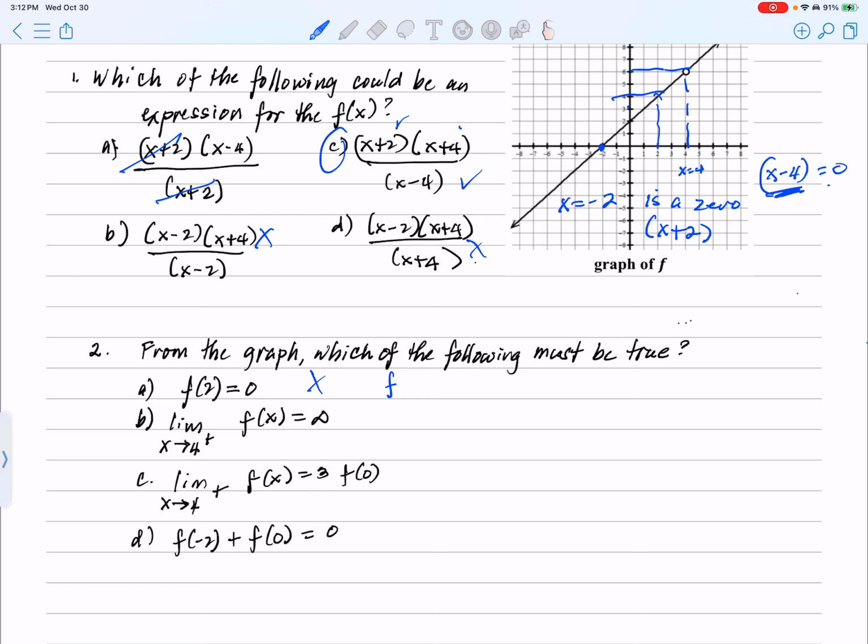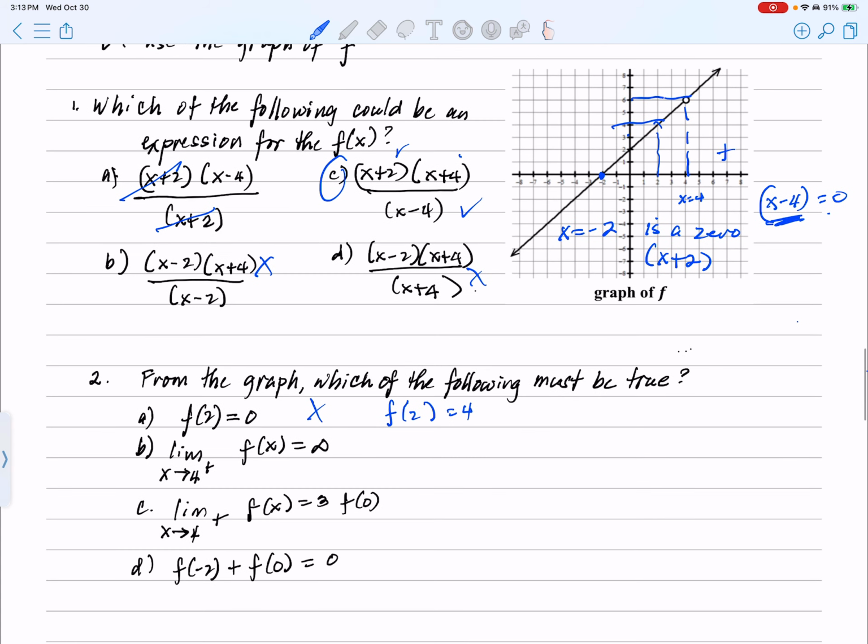So f of 2 is equal to 4. Not that. The limit as x approaches 4 from the right is positive infinity? No, it's no.